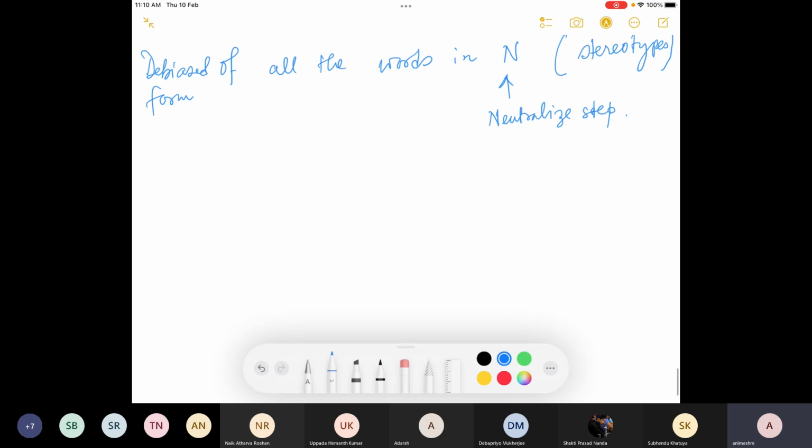And we have also equalized all the words in the equality set.